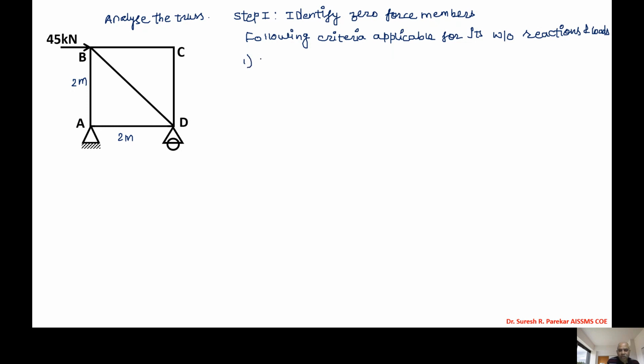So first, if we have two members at a joint, then in that case both are zero.